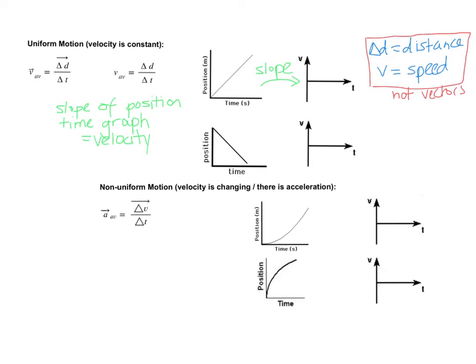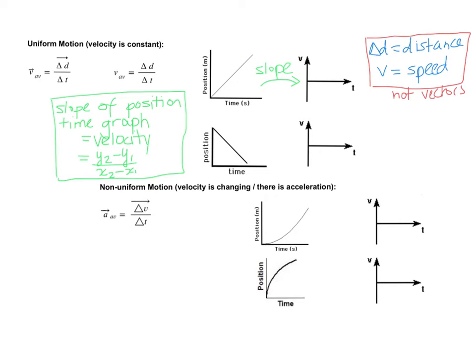Just as a review, to find slope, we would take 2 points off the line, and then we would take the y values and subtract them. So y2 minus y1, divided by x2 minus x1. So we can find the velocity just from the graph if we can find 2 points on that graph and find the slope.